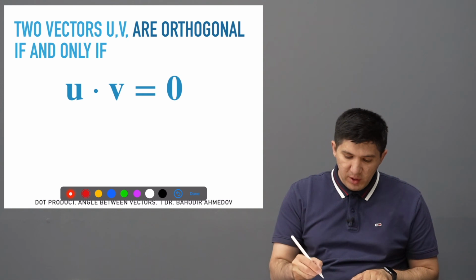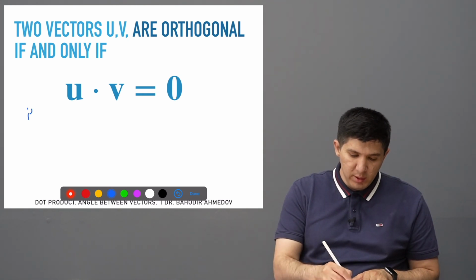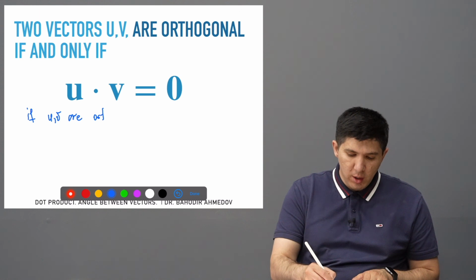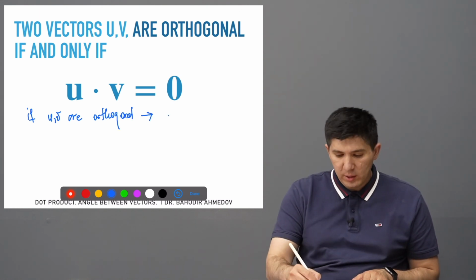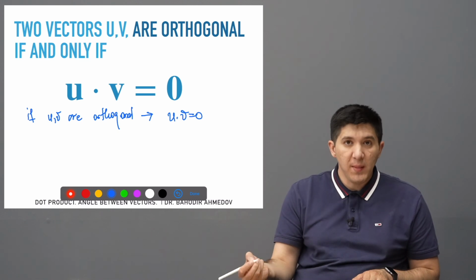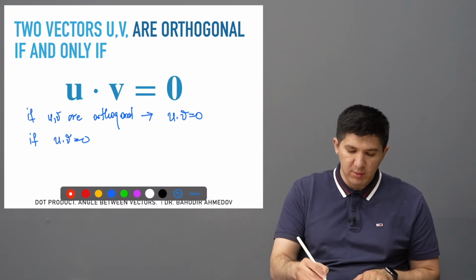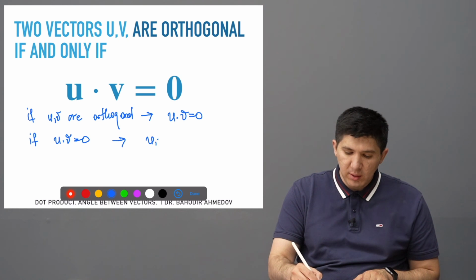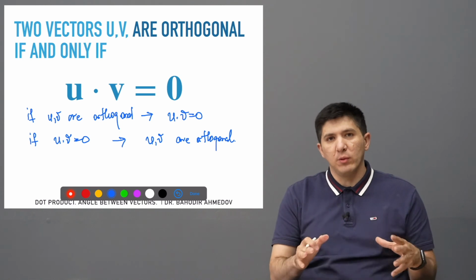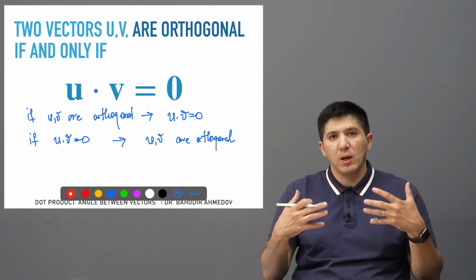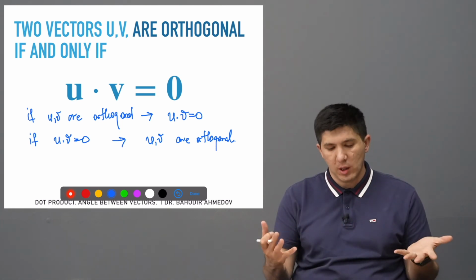Namely, if u and v are orthogonal, then it implies that u dot v is equal to 0. And at the same time, if u dot v is equal to 0, then it implies that u and v are orthogonal. Which is one of the really important conclusions which we can obtain from the dot product.